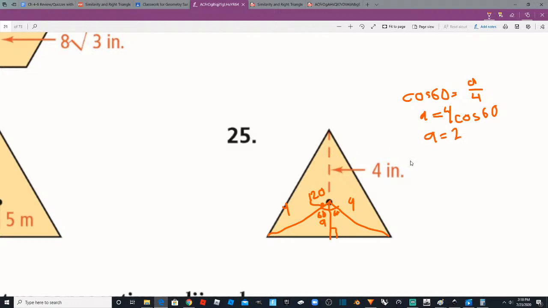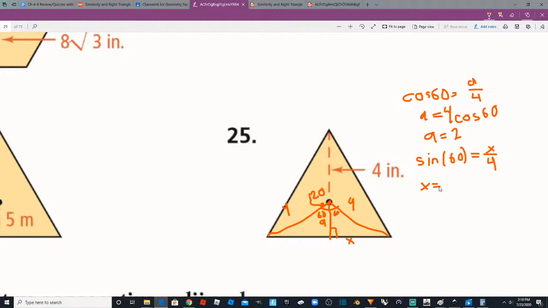Perimeter. Perimeter is this side, which we are going to label X. So we want to know this, so opposite and hypotenuse, which is sine. So we can use the sine of 60 is equal to X divided by 4.